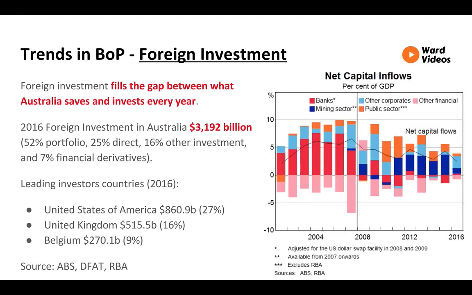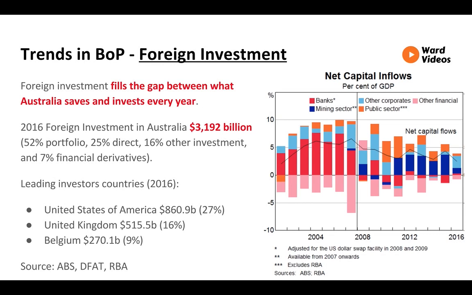The RBA's net capital inflows, i.e. the difference between money in and out, show that the capital inflows can be summarised from an abstract from an RBA bulletin in the June quarter of 2017. Capital inflows have underpinned the expansion of Australia's productive capacity for the past 200 years or more.